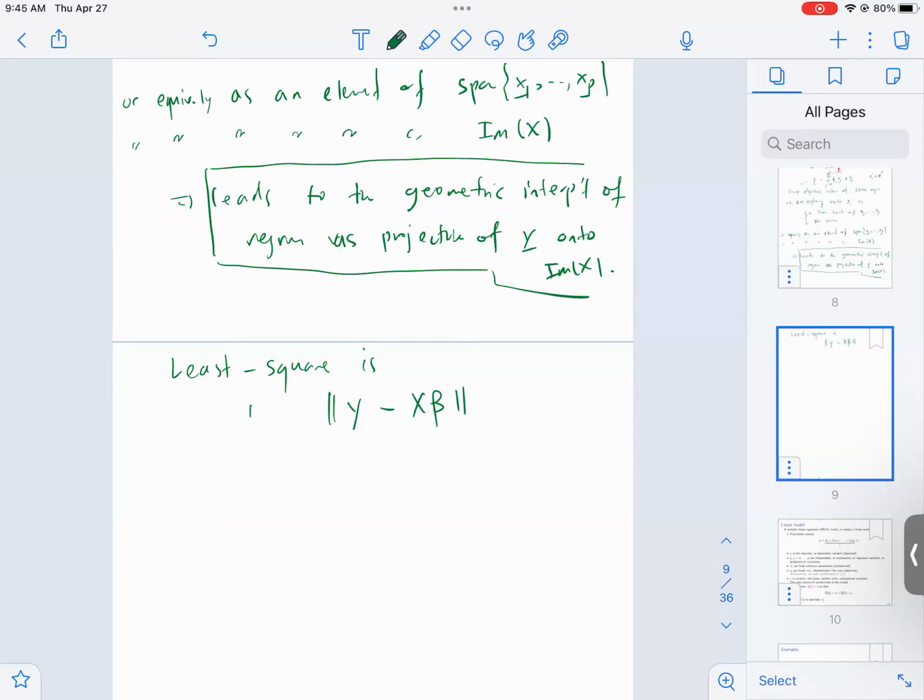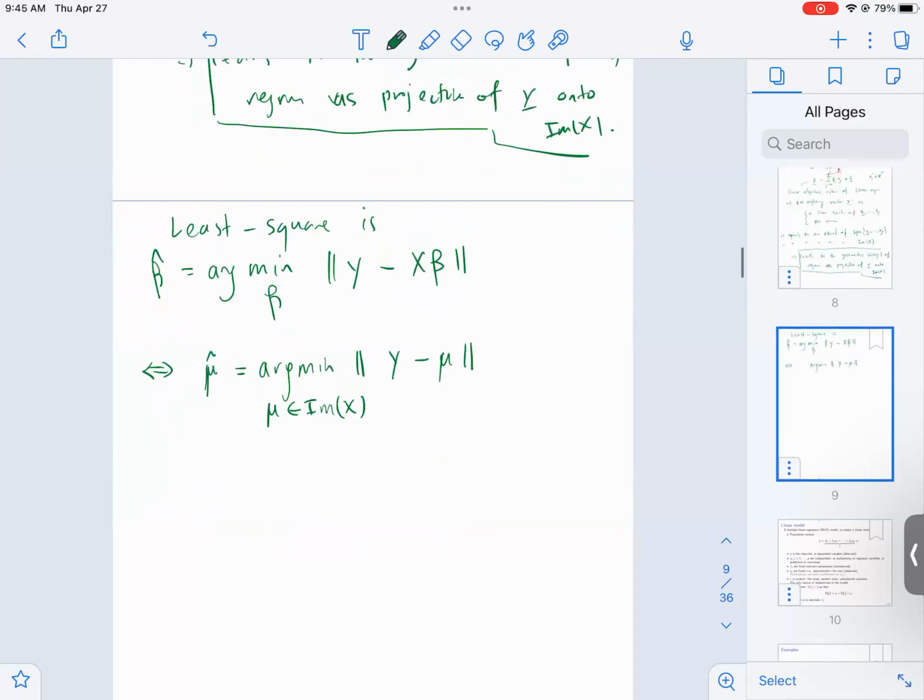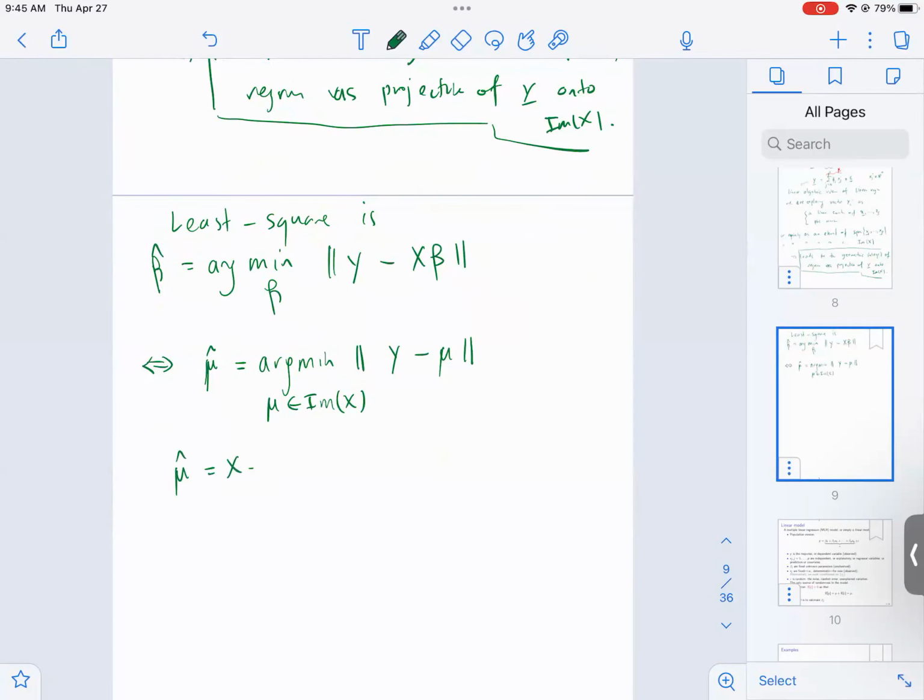And so if you minimize this over beta, that's our least squares solution. But this is sort of equivalent to what I want to mention. It's like argmin of the norm of y minus mu, with mu in the image. And then the output of this would be mu hat. The relation between the two is that mu hat would be x beta hat. So if you solve the above and then compute x beta hat, that would be an element of the image. And that would be basically this mu hat.